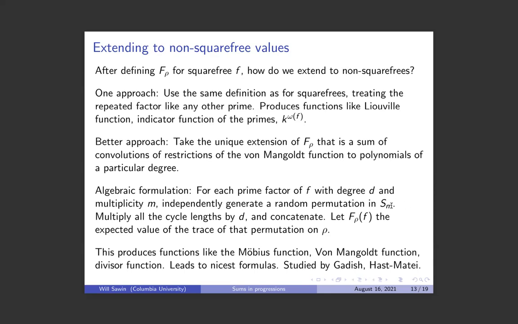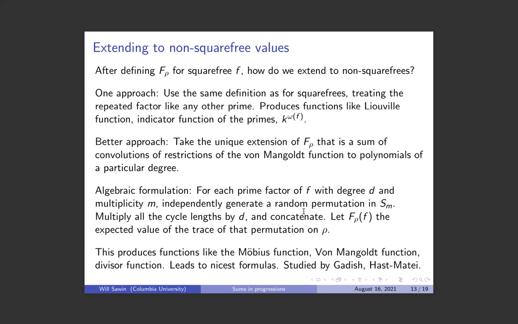And then you take this permutation, you multiply all the cycle lengths by d, the degree, and you concatenate them. When you concatenate them, you get a permutation of size the sum of d times m, which is n. And so you can let f rho of f be the expectation of the trace of that permutation on rho.